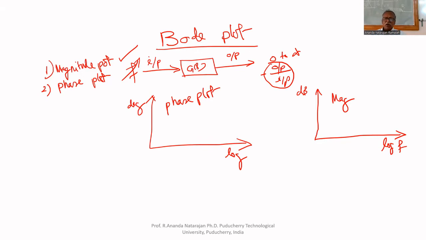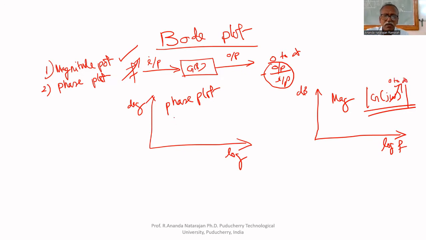So there are two plots. One is magnitude plot, another one is phase plot. As frequency varies from 0 to infinity, with constant input magnitude, if you assume it as unity, then the magnitude plot is modulus of G of j omega, as omega varies from 0 to infinity.